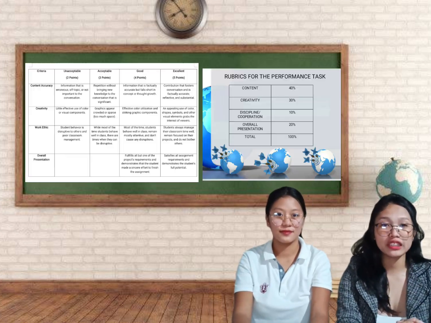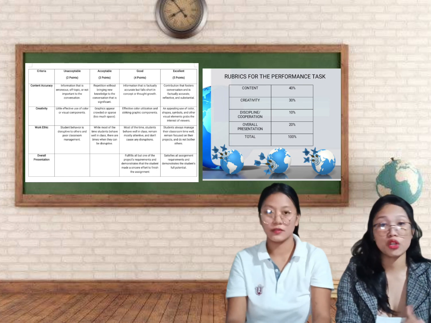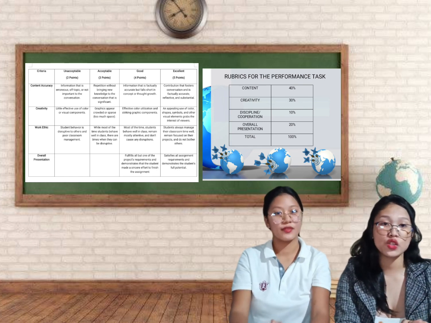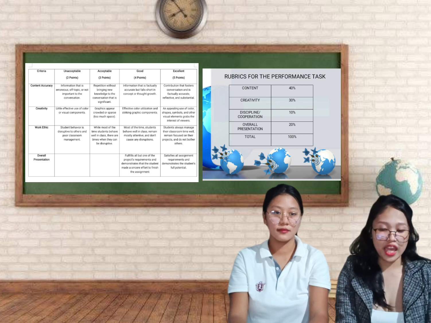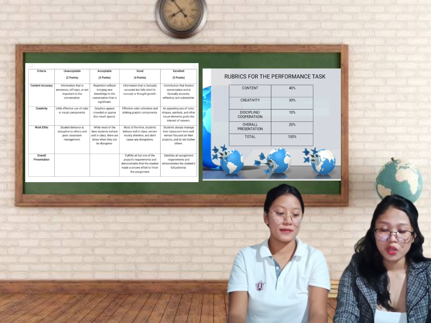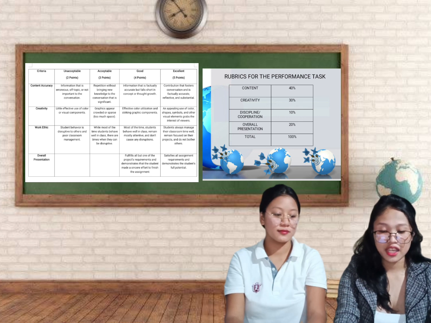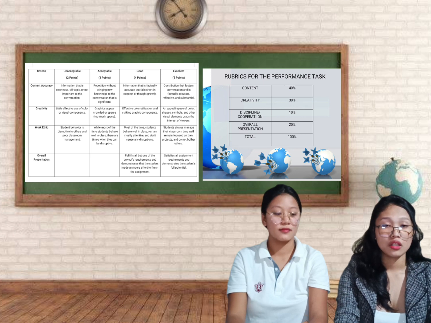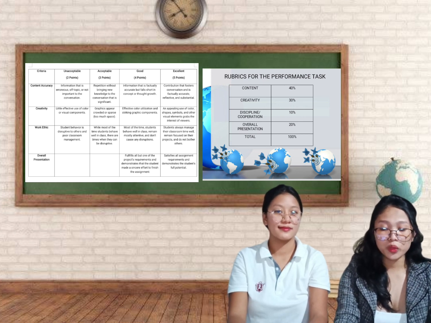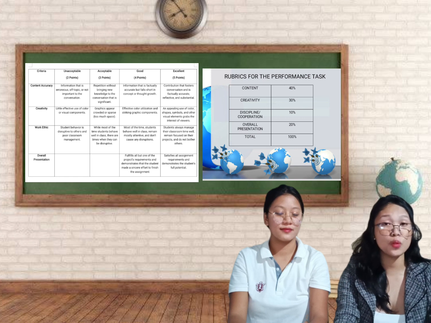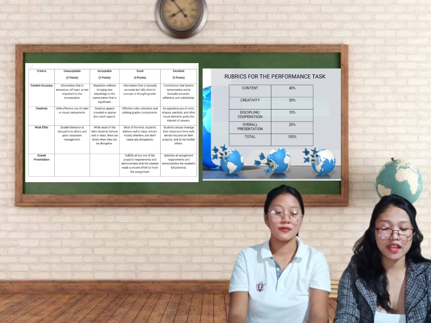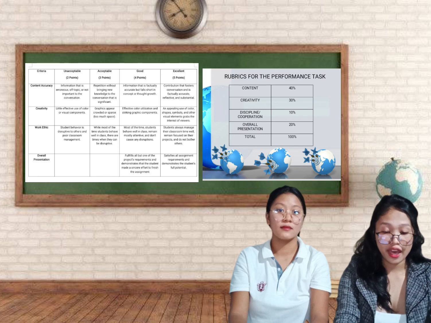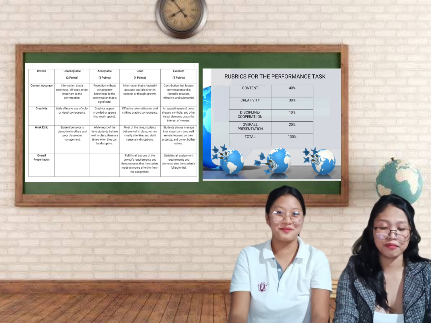We also have here, class, the rubrics for your performance task. This will serve as your guide for your task today. The criteria are content accuracy, creativity, work ethic, and overall presentation. The ratings are unacceptable, which has 2 points, acceptable, 3 points, good, 4 points, and the highest is excellent, which has 5 points.